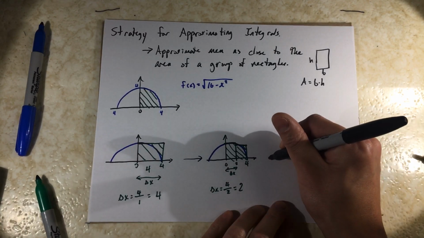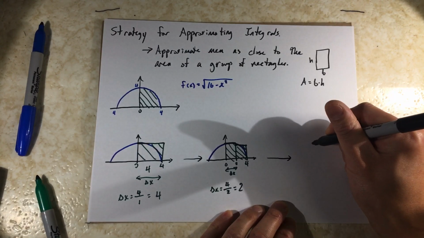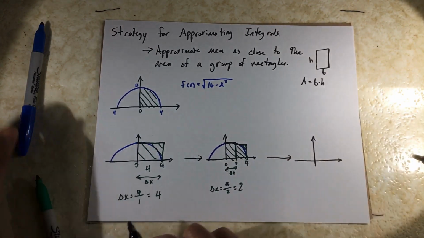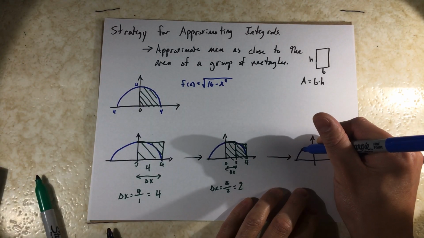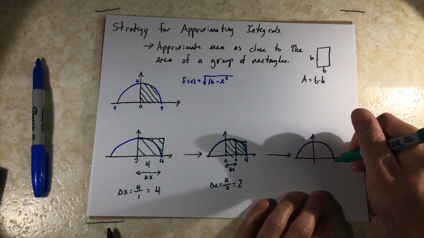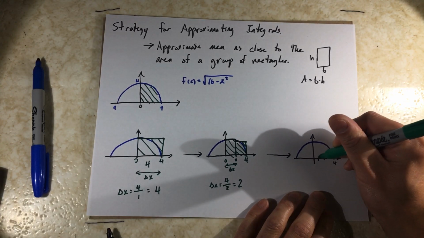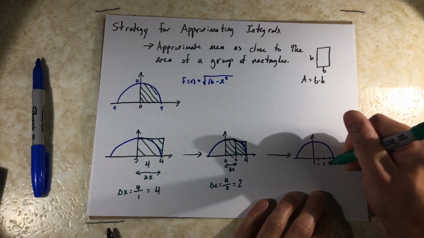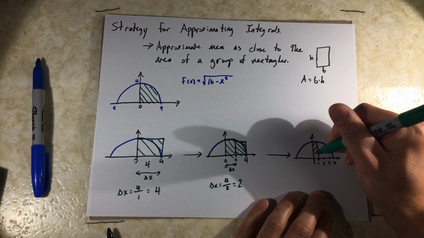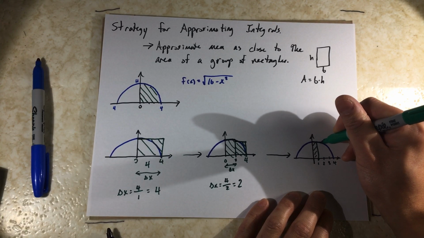And then we're going to approximate again. This time, we're going to approximate it with 4 rectangles. So this first one looks like this, and the second one looks like this.